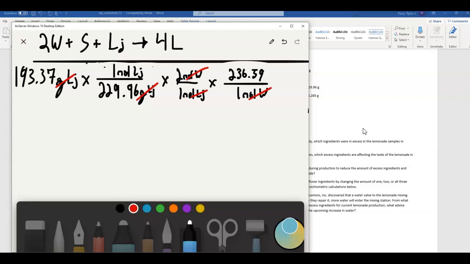Okay, let's do the math. 193.37 divided by 229.96 times 2 times 236.59 is about 397.89.